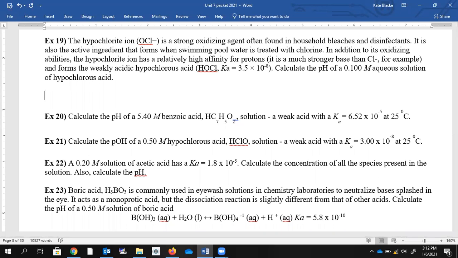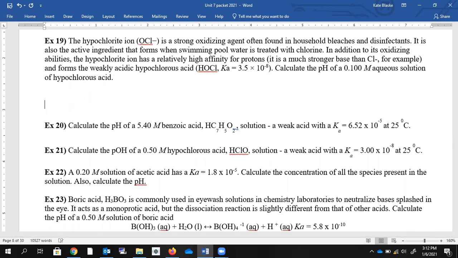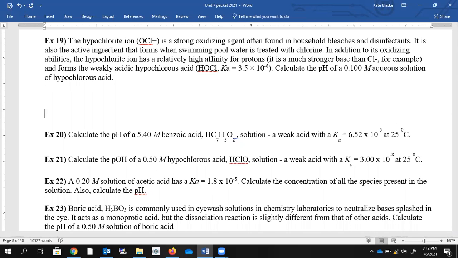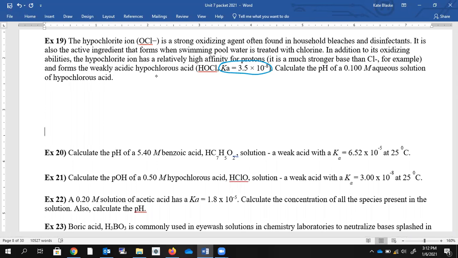To calculate the pH of the solution, they tell us that hypochlorous acid has a Ka value, which automatically tells us that it is acting as a weak acid. We should be able to write out the dissociation reaction, meaning donating away the proton.